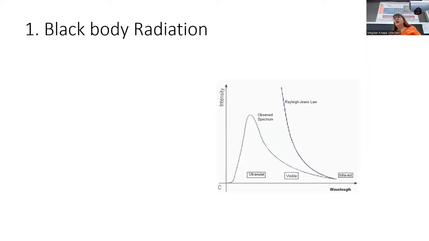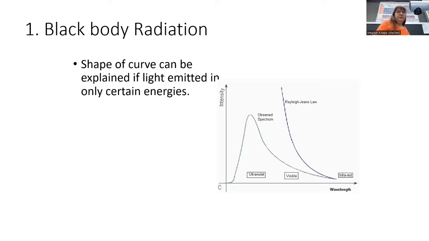Okay, so we had talked about how amplitude, the height of the wave, should correspond to the energy. Connected to that is the idea that with black body radiation, we should be able to predict the wavelength based on the temperature using this curve here on the right, the purplish one.